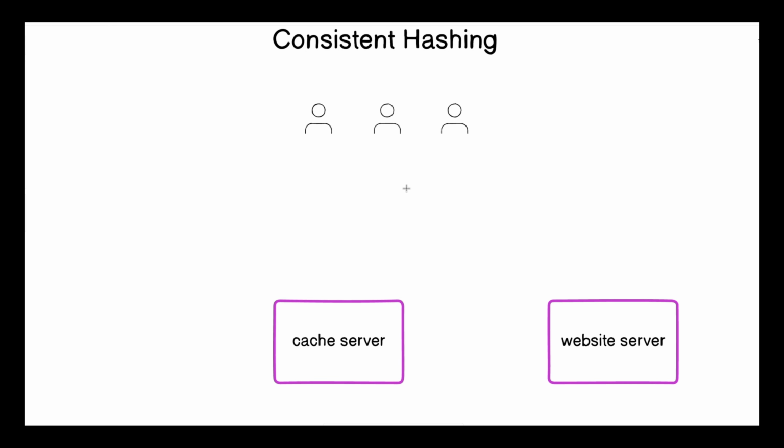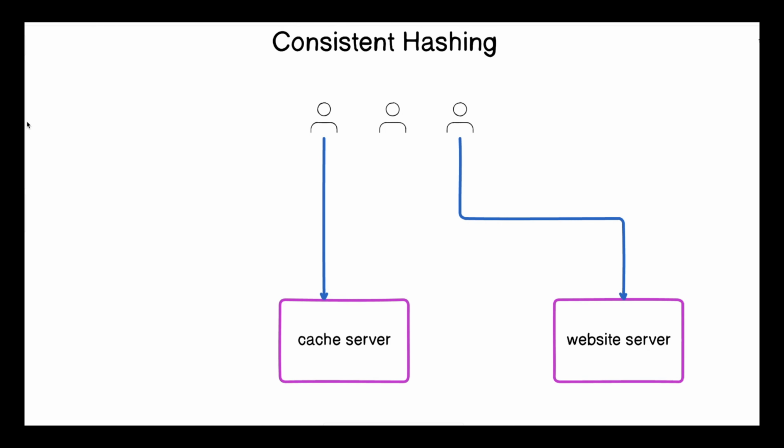So if a new request comes to our website, then it will be handled by the website server. And if an existing request comes again, then it will be handled by the cache server. But if the existing request comes again and it is not present in the cache server, then it will be handled by the website server itself.